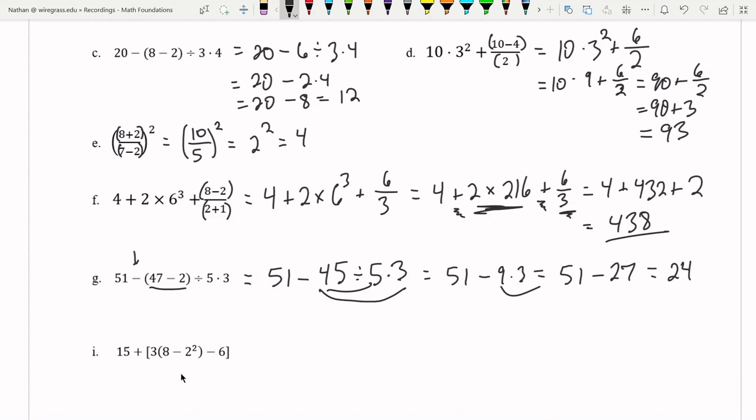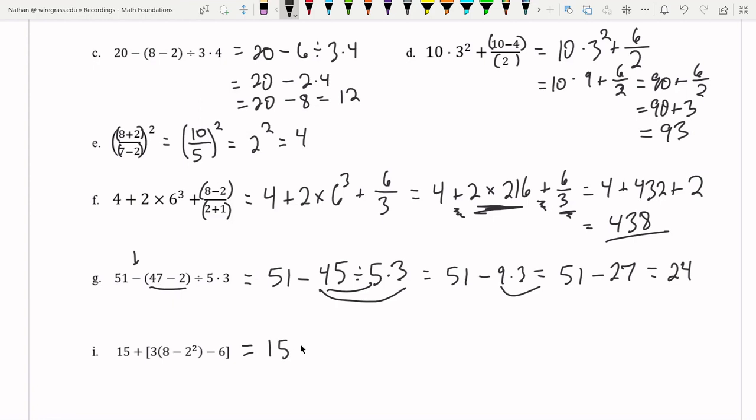Okay. And here we have nested parentheses. I have to do this one, I have to do this one, and then I can do the addition. So I really need to follow order of operations in this case. Looking at the innermost parenthesis, you're always going to start at the innermost one first. 8 minus 2 squared. 2 squared is going to happen first because exponents happen before addition and subtraction.